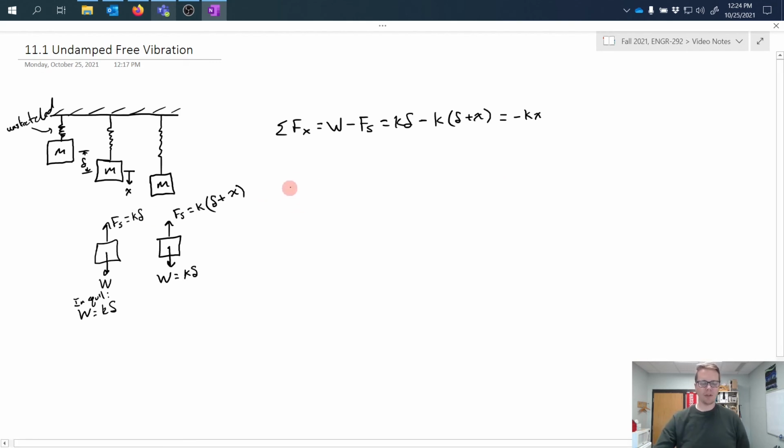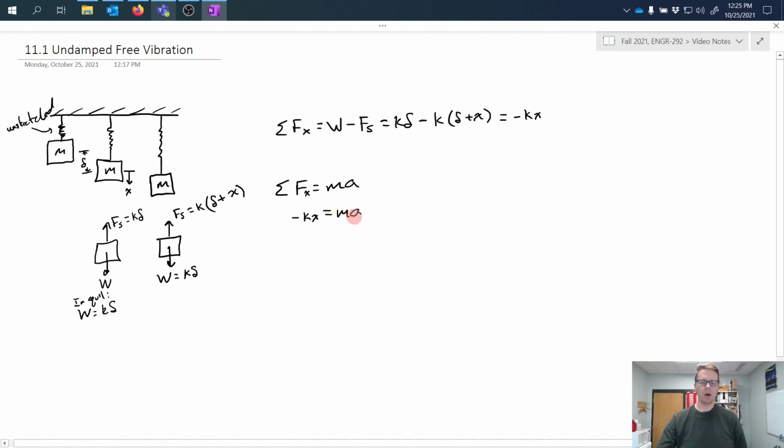So now let's think about this from an equation of motion, and say that the sum of forces must equal ma, which we know is our standard equation. So I just up here said that the sum of forces is equal to minus kx. And I'm going to set that equal to mass times acceleration.